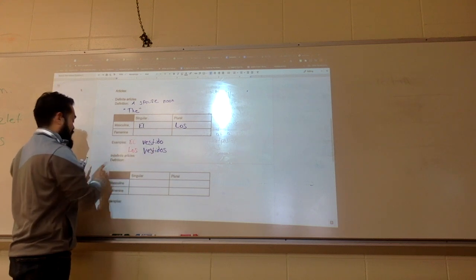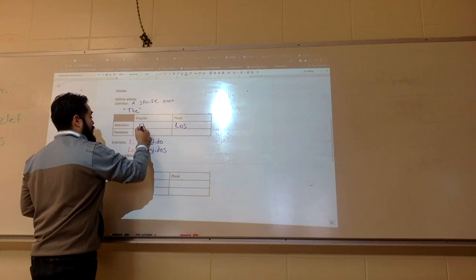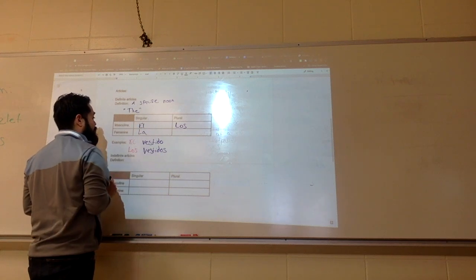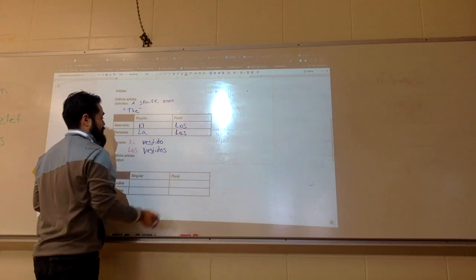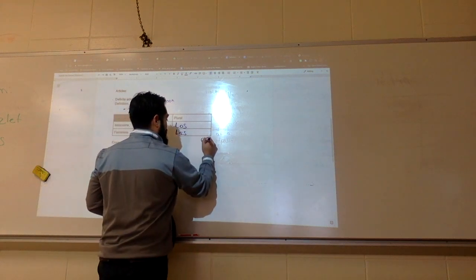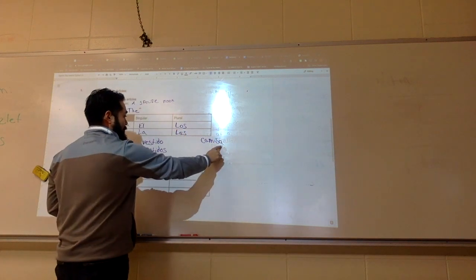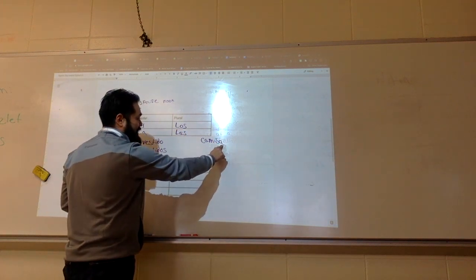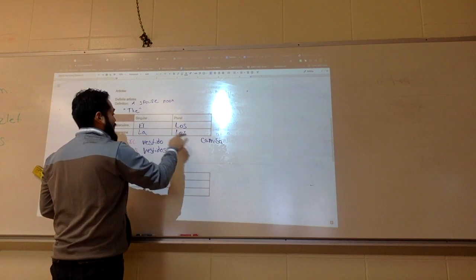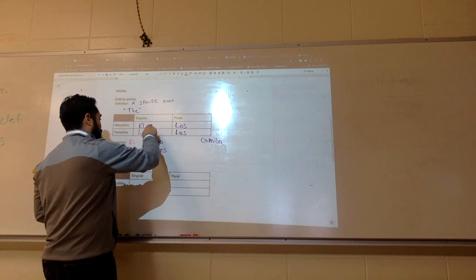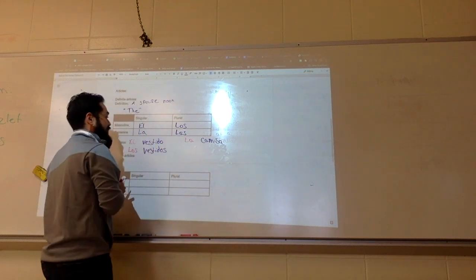If something's feminine, back to the chart, and singular, I have to say la. If it's plural, las. So again, easy one. Camisa. Camisa is feminine and singular. It's feminine because it ends in an A. It's singular because there's no S. I can't say el camisa. That's wrong because el is for masculine things. I would have to say la camisa.